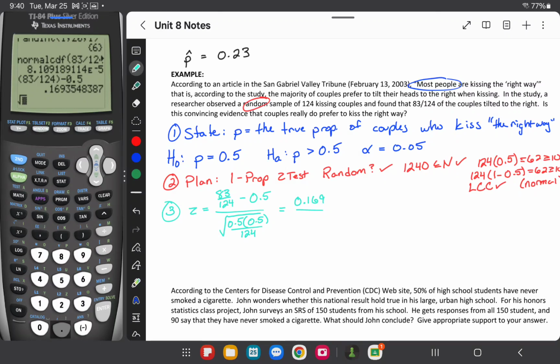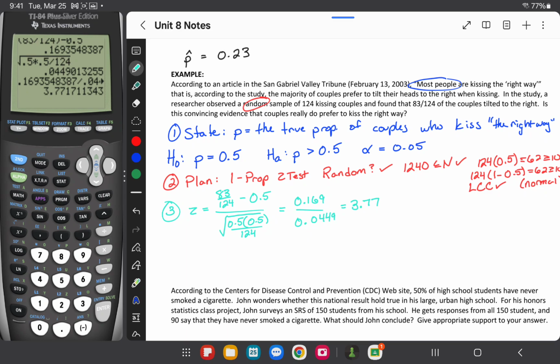So the square root of 0.5 multiplied by 0.5 over 124 is going to give us approximately 0.0449. And then dividing those two, we should get our test statistic. So take our first decimal divided by our second, and we come up with a test statistic of approximately 3.77.